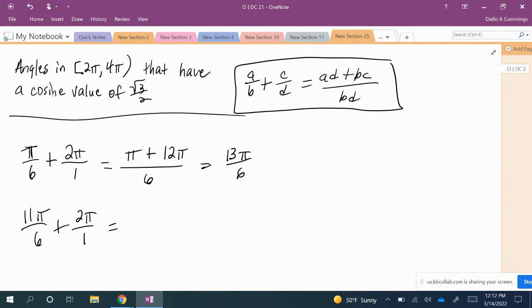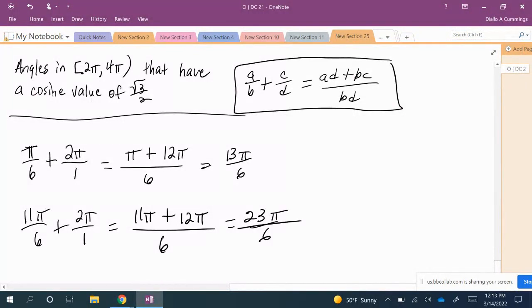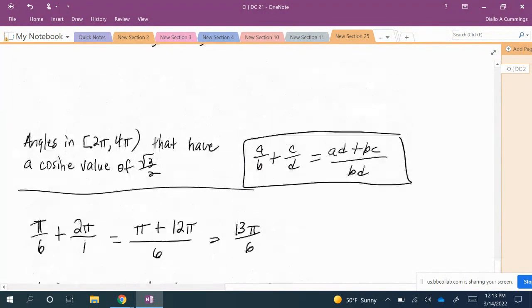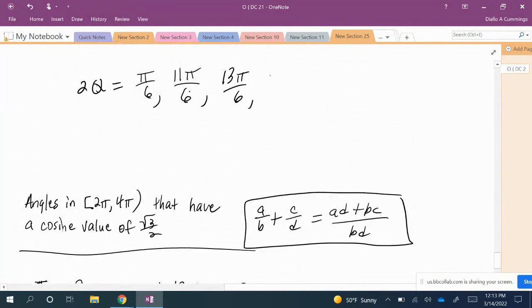I'm using this formula up here, A over B plus C over D. So I multiply 11 pi times 1, that's 11 pi, plus 6 times 2 pi, that's 12 pi, and 6 times 1 is 6. So we have 23 pi over 6.